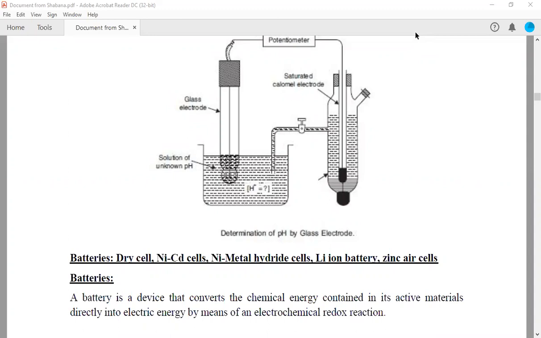Today I want to discuss batteries, which are part of electrochemistry for engineering students of CSE and civil, Unit 2.